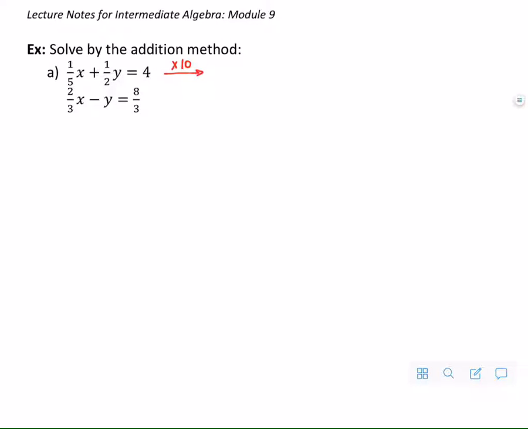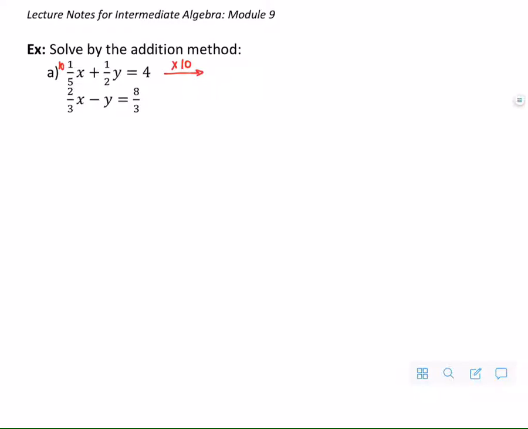So if I take this number right here, 1/5 x times 10, what is 10 times a fifth? It's 10 on top and a 5 on bottom. 10 divided by 5 is 2.